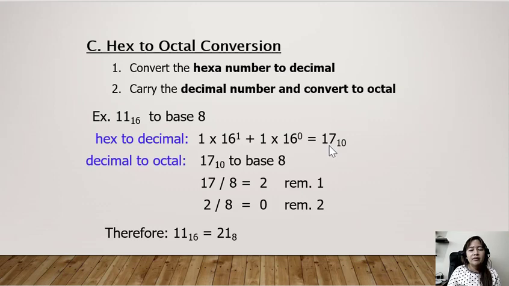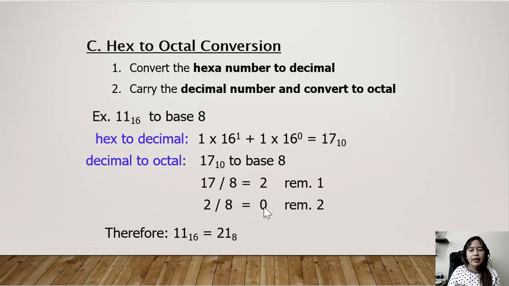From this decimal form, which is 17, we convert it to octal. And how do we do that? We simply divide it by 8. So 17 divided by 8, you have 2 with a remainder of 1. You set that aside. And then 2 divided by 8, you have 0, remainder 2. Now we end because we have reached 0 as the whole number.